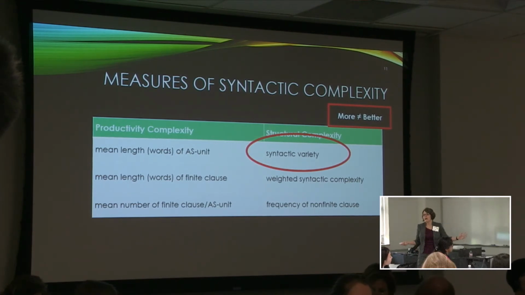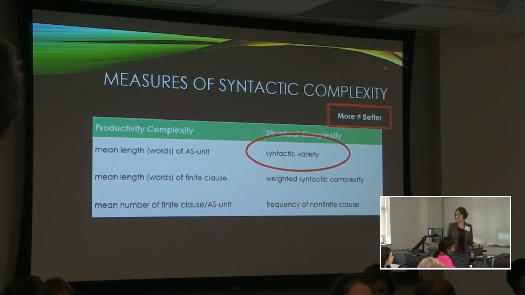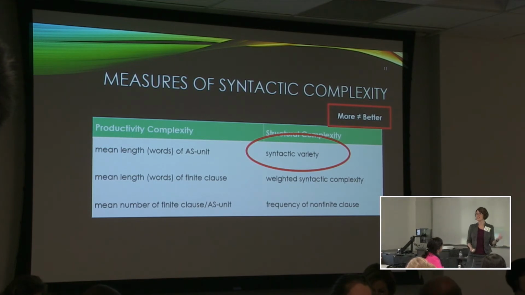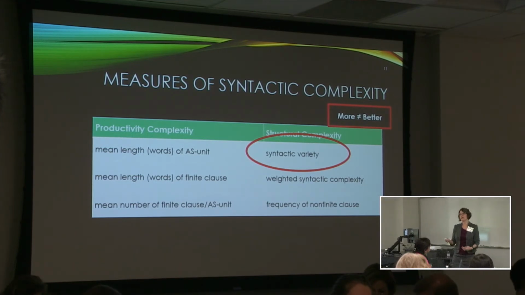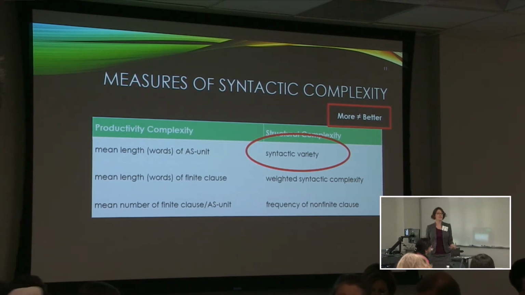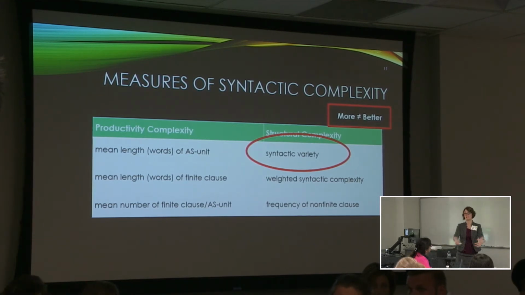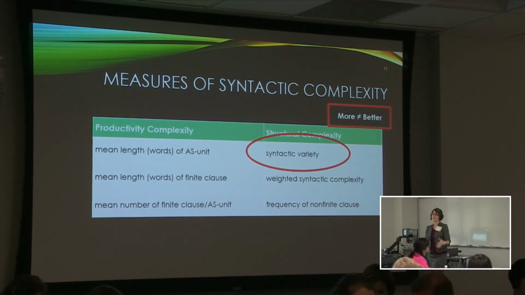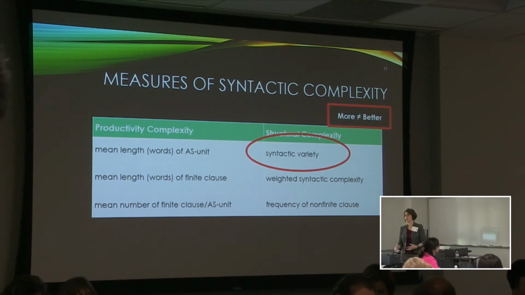Fully admit, I kind of just thought, how can I measure that, right? It's complexity at the discourse level, and it's really informed by the idea that more isn't better. We do not want our learners shoving all 6 clause types in every AS unit. Please, no, right? We want them to use them when appropriate.